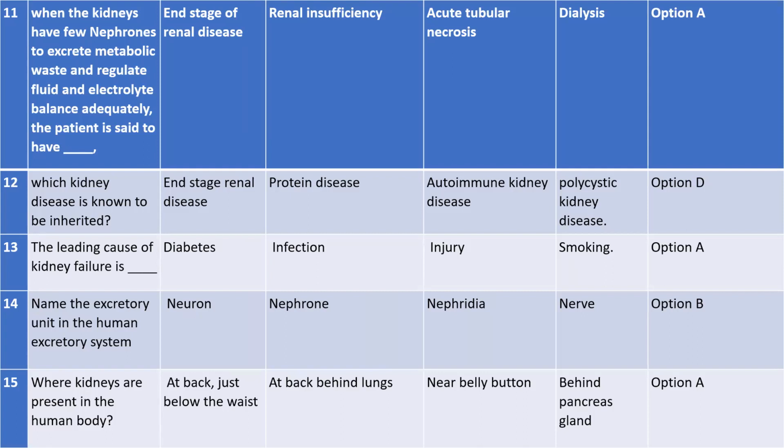तो उसका क्वेश्चन को समझने का कोशिश करो पहले. When the kidney, जब kidney, that is the structural and functional unit of kidney, that is nephron ना. When the kidney have, हमारा kidney means when the kidney have थोड़ा सा nephron, हमारा जो kidney है ना अभी इतना खराब हो गया कि उसका सिर्फ थोड़ा सा ही nephron बचा है.